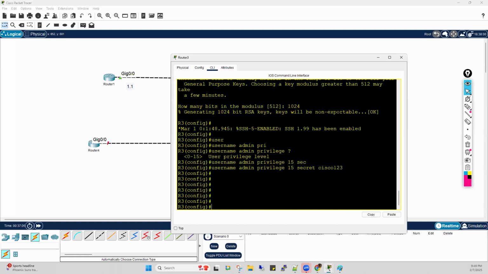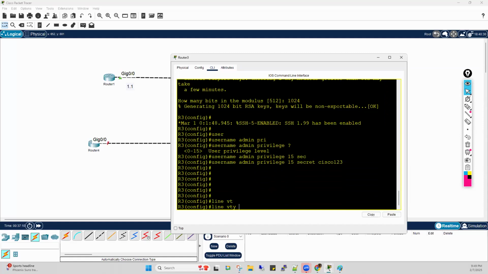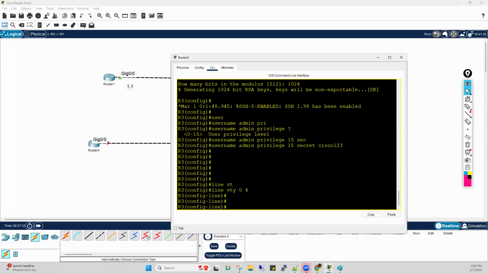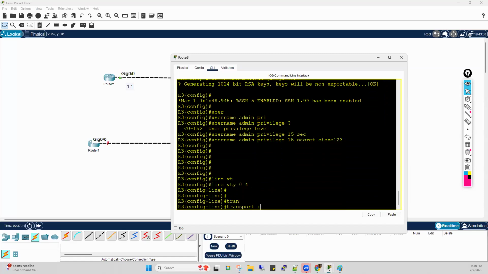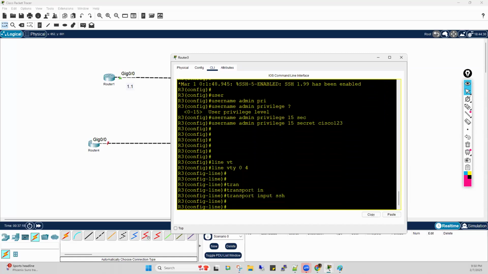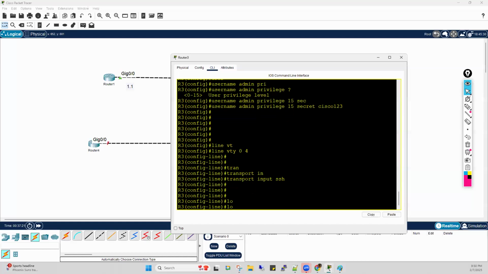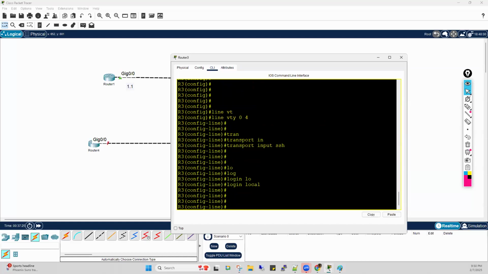Now the fourth command is again line vty 0 4. Transport input ssh. Then login local, exit. So basically these are all the commands to enable SSH.